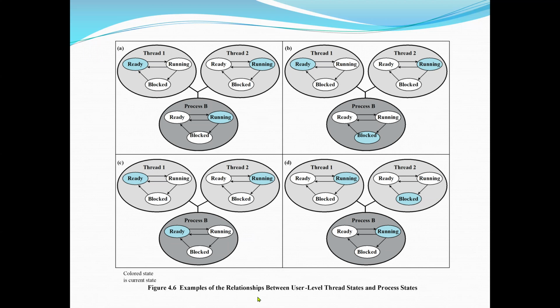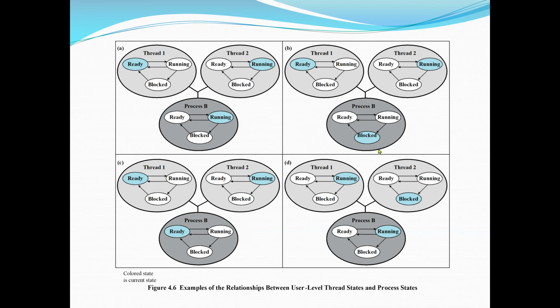So this is an example of the relationship between the user level thread state and the process state. We have thread 1 and thread 2, both in process B. Process B is in the running state with its threads.